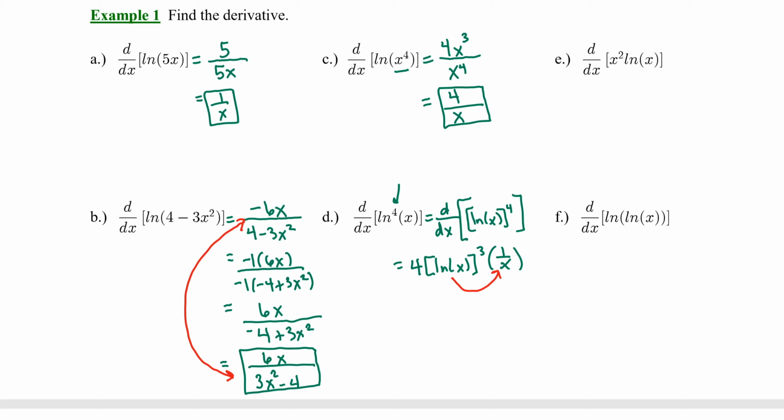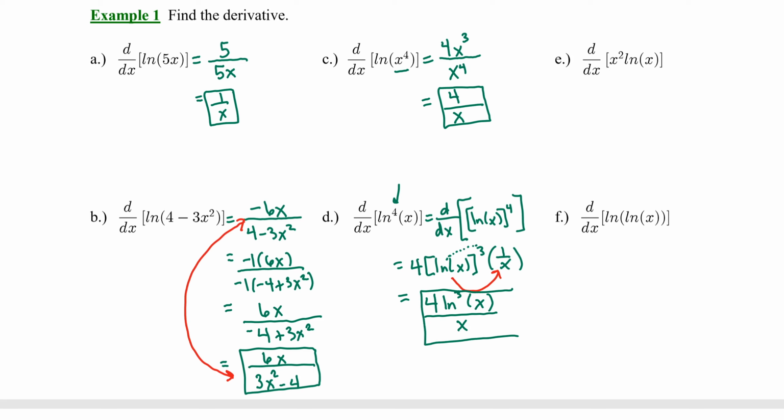Now let's be sure and write this in the cleanest, simplest presentation. One thing that we can do is take the natural log of x raised to the third power, and we can move that power between the natural log and the argument. So we could write this as 4 natural log cubed of x, and if we multiply that by 1 over x, we can simply put the entire thing over x.